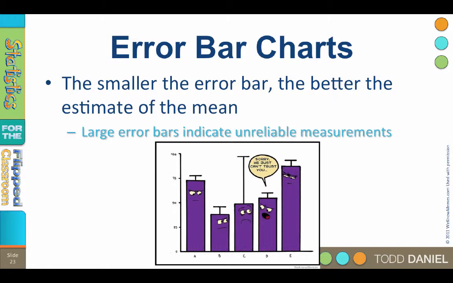The smaller the error bar, the better the estimate of the mean. Large error bars indicate unreliable measurements. In this cartoon, the value with the large error bar is being told, "Sorry, we just can't trust you," because his mean estimate is so unreliable.